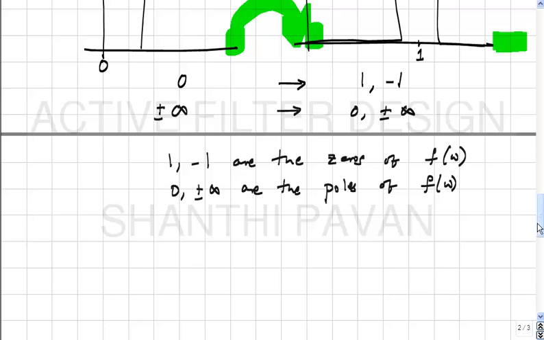So f of omega must at least look like omega into omega minus 1 into omega plus 1 by omega.